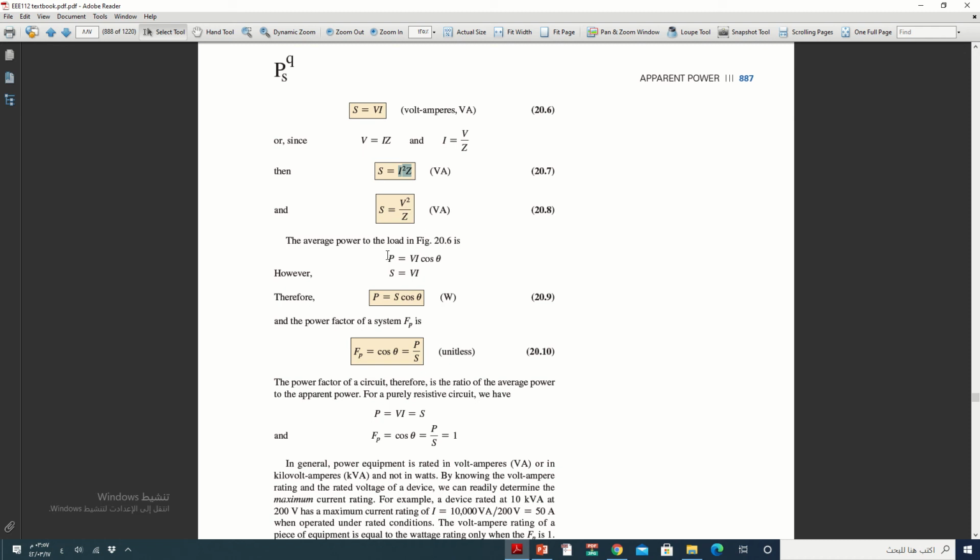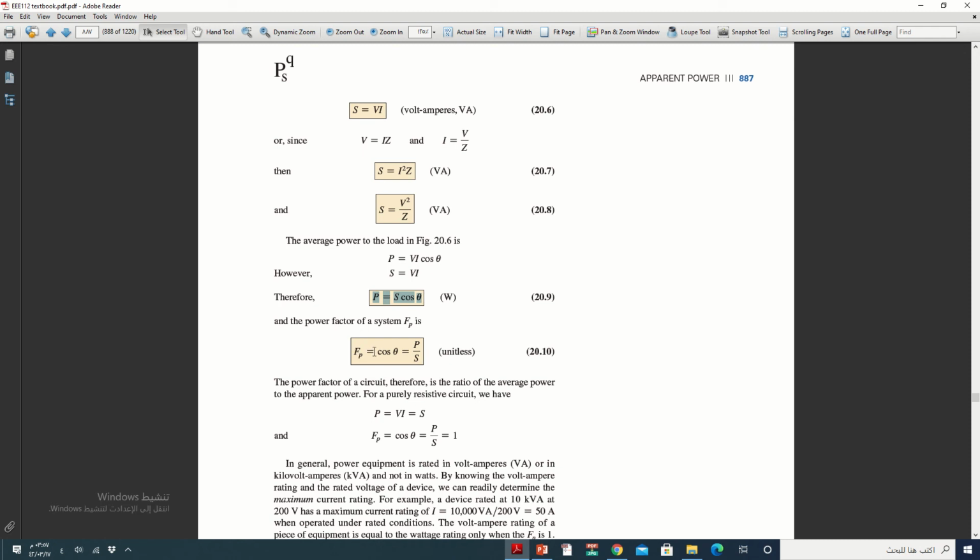We know that P equals VI cosine theta, and we know that VI equals S. We can substitute, and it becomes P equals S cosine theta.